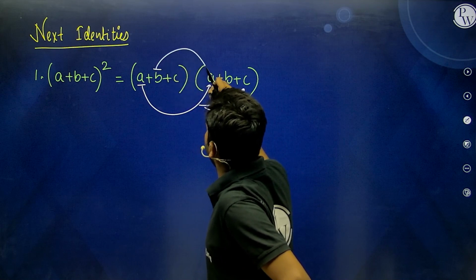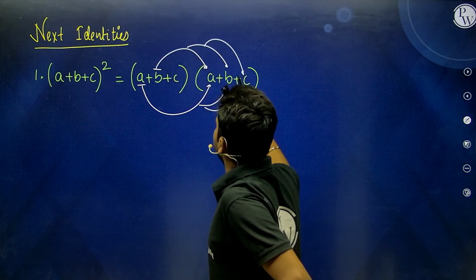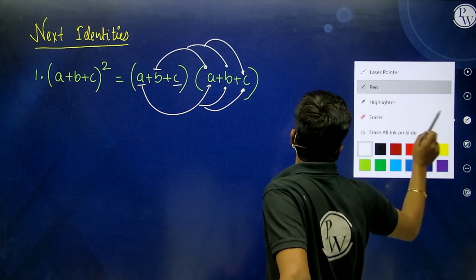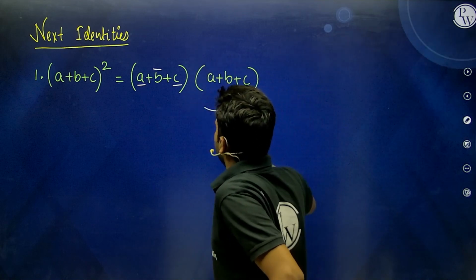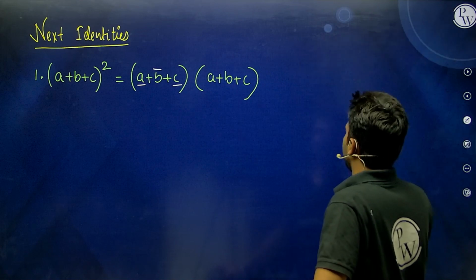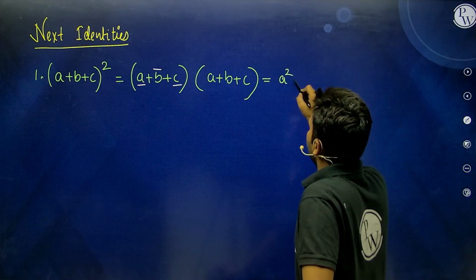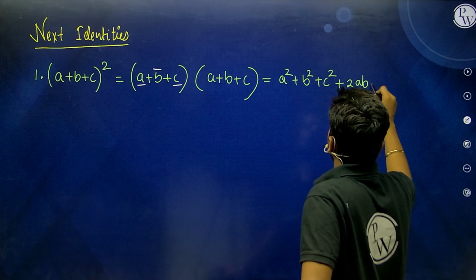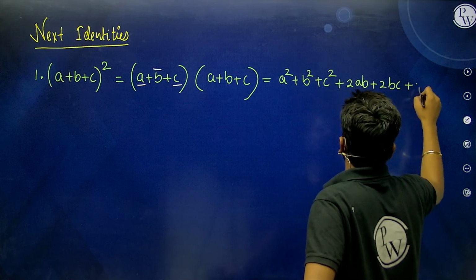Then this b will also get multiplied with this. And then similarly, this c will also be multiplied with all three of these. And then what you're going to get is nothing but the formula that I'm sharing with you guys, and that is a square plus b square plus c square plus 2ab plus 2bc plus 2ca.